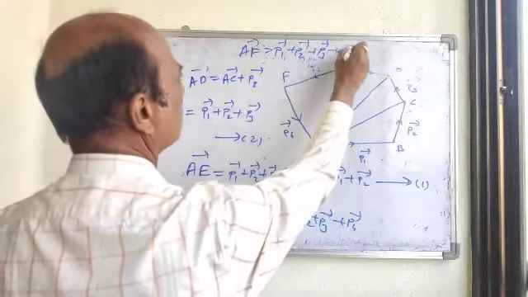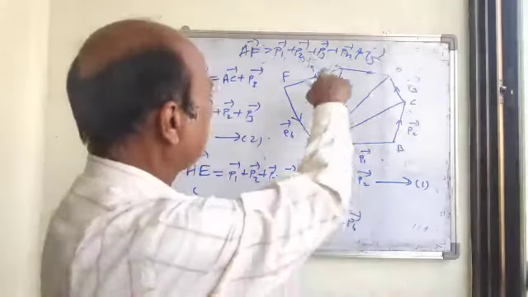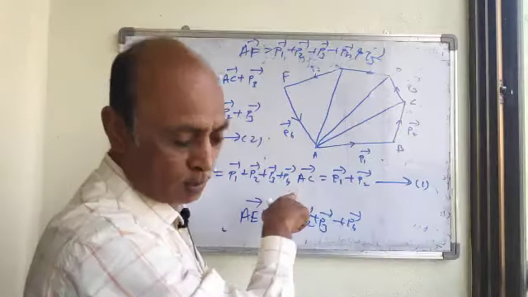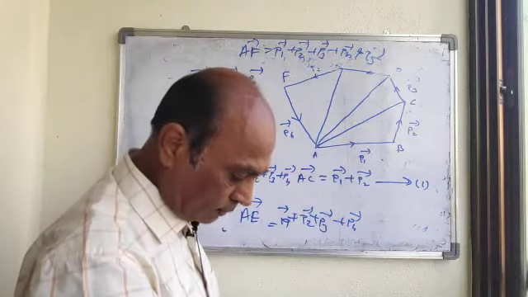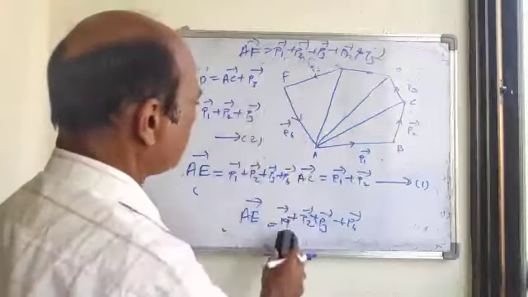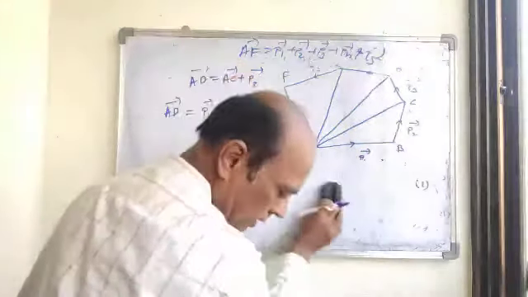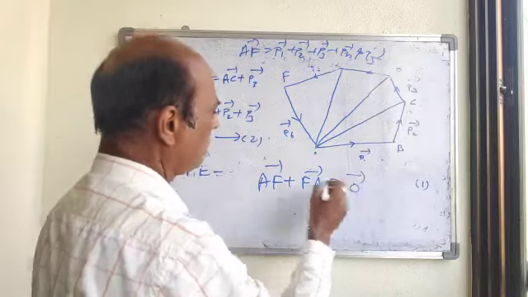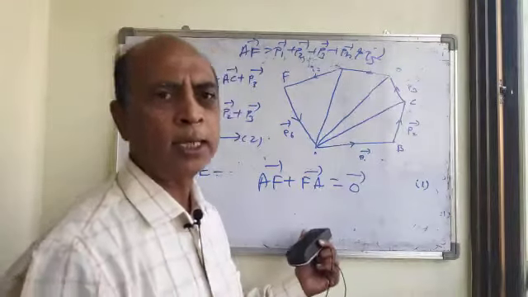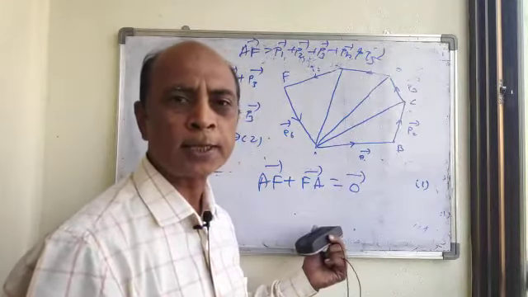And again the resultant AF bar and this P6 bar is represented by this FA bar, and from that this AF bar plus FA bar equal to 0 bar. Why? Because this AF bar and FA bar are in the same magnitude but in opposite direction.